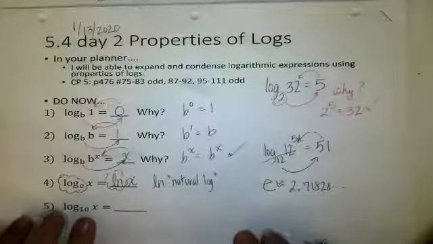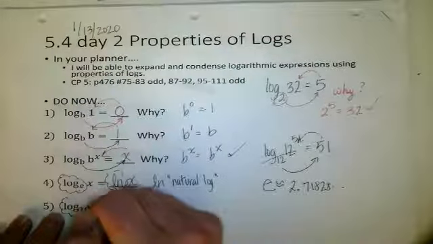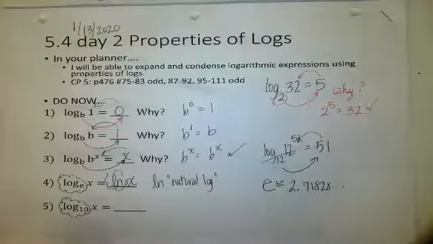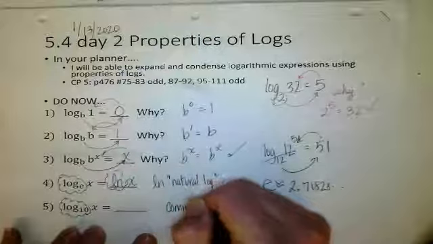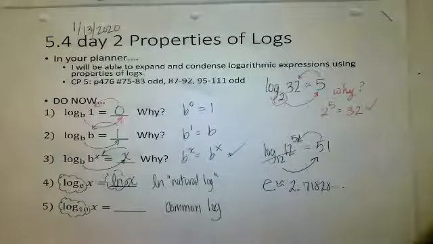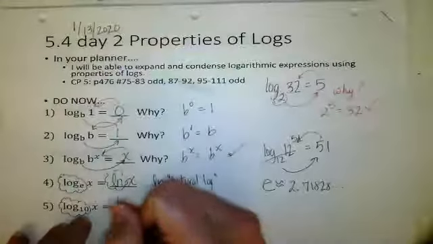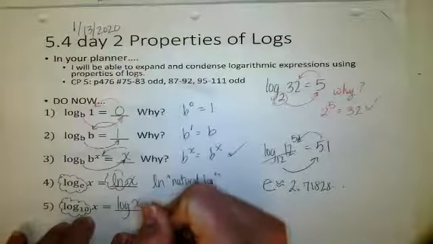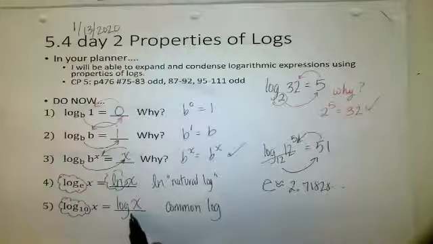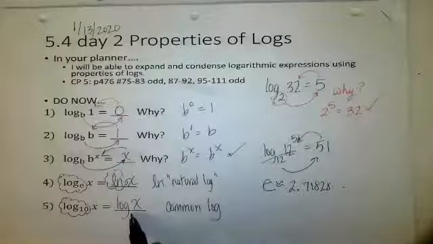Log base 10. Again, we have some notation here. Log base 10 is called the common log, and common because we have a common base 10 number system on planet Earth. And basically what that says is, hey, we're lazy. So if you see a logarithm without a base, we assume base 10.